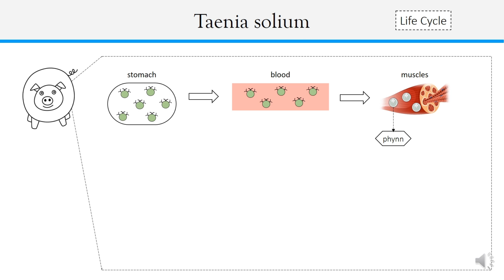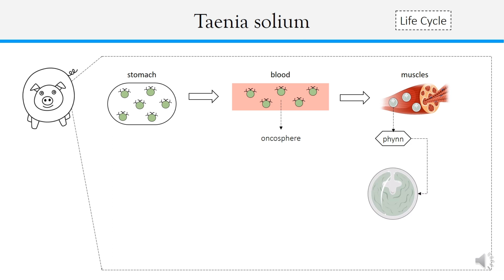So let's go once again. Inside the stomach of the intermediate host oncospheres will appear. They will be transferred into the blood, from the blood into the muscles, and there, when they reach the muscles, they will undergo morphological changes and will be transformed into the fin.